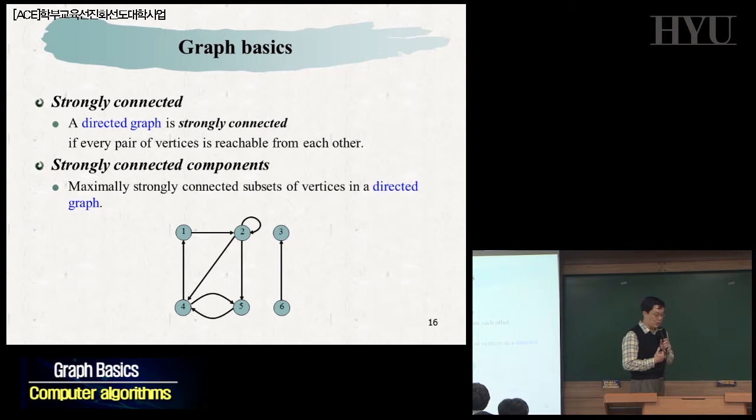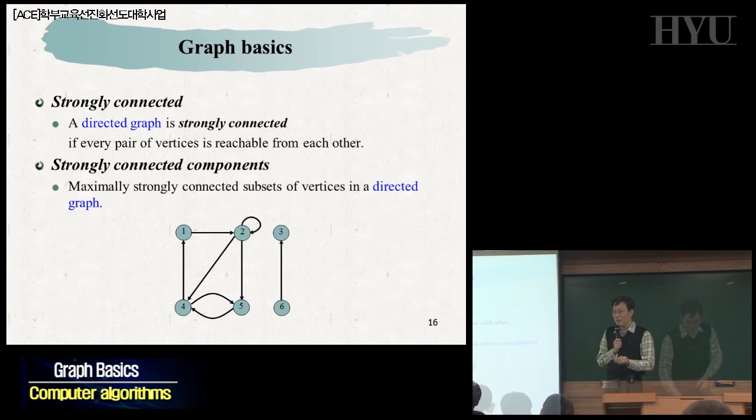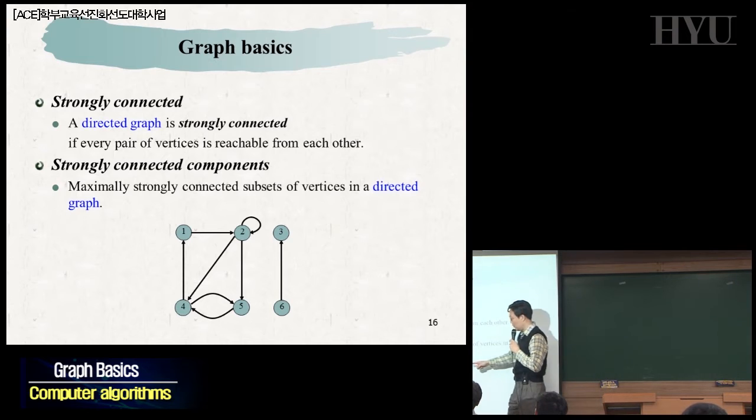They are maximally strongly connected subsets of vertices in a directed graph. Count the number of strongly connected components in this graph. 1, 2, 4, 5. Yes, this is a strongly connected component.